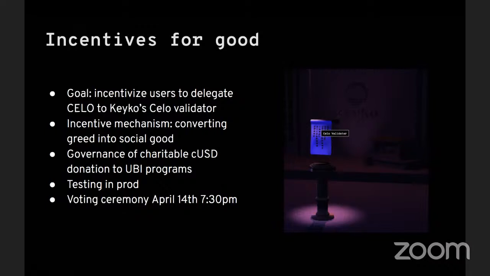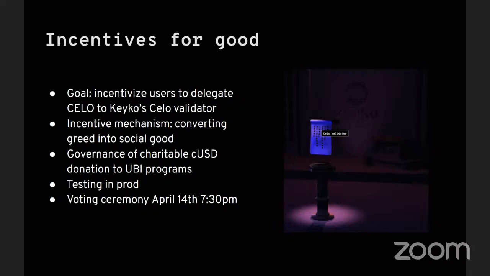Now, going back to this idea of setting goals, thinking of incentive mechanisms and testing, here at Kiko, we are operating a so-called validator for a network called Celo. Celo is a purpose-driven network on a mission to bank the unbanked.